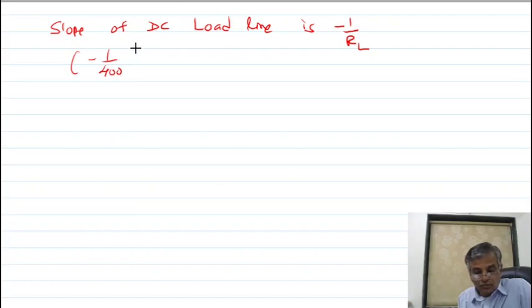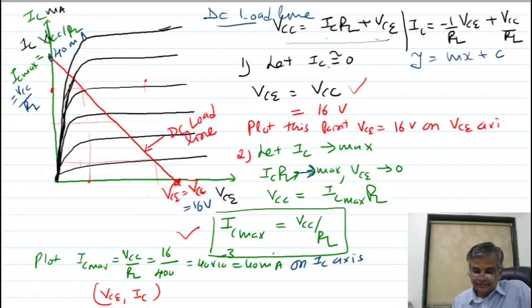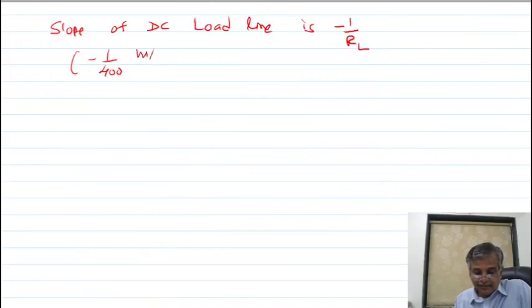Slope is in milliampere per volt. So this is about the DC load line.